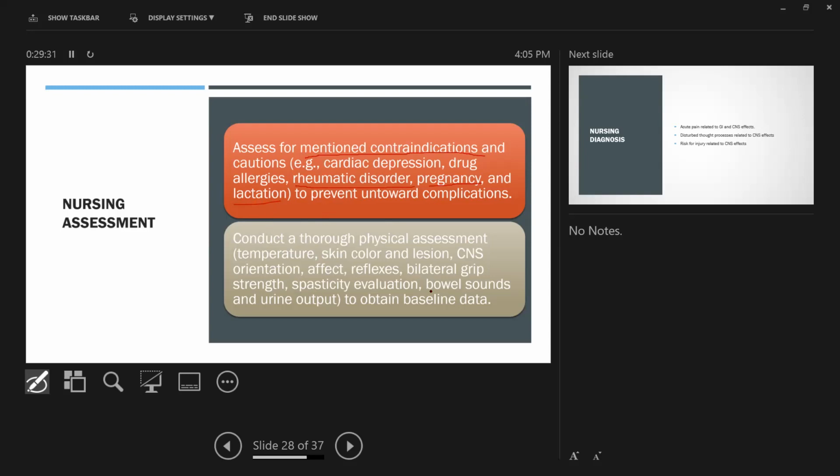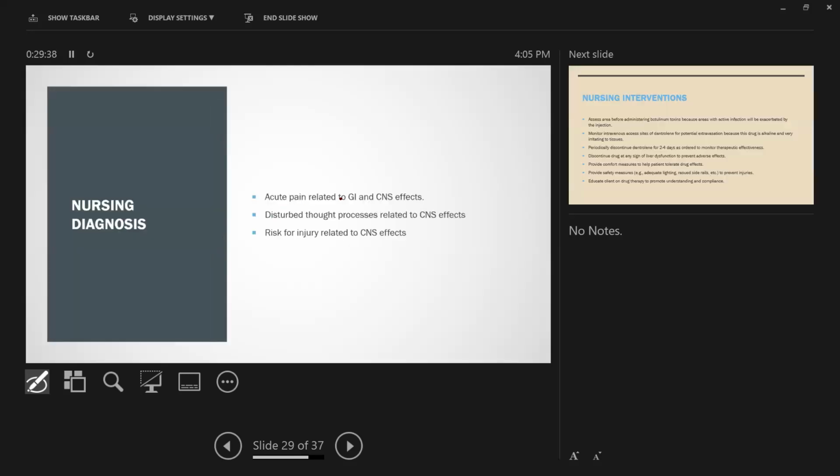Again, get a baseline. Conduct that thorough physical assessment, get a baseline. Monitor GI, CNS side effects. Make sure, again, the drug is giving you a payoff that's bigger than the price.